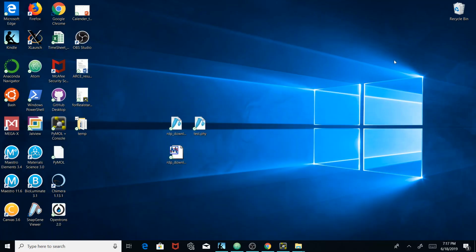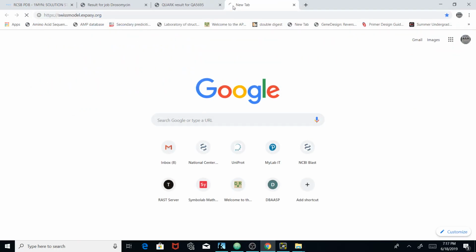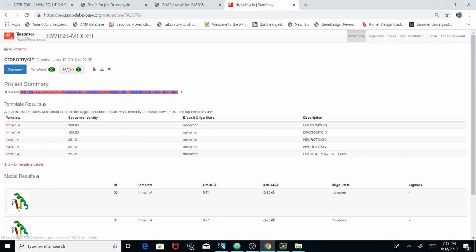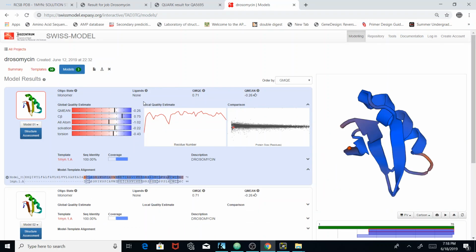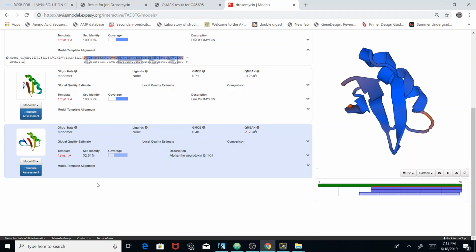Well, I think I can get it real quick, and then I can show y'all with the Swiss model using a different model, what the model might look like compared to the actual NMR structure. So here's another homology model that I used. I used an alpha-like toxin to predict the structure of drosomycin.